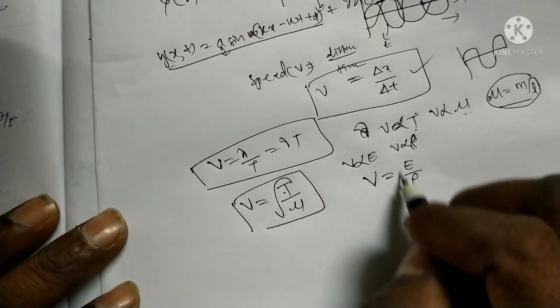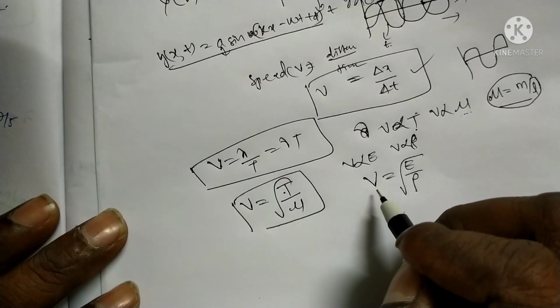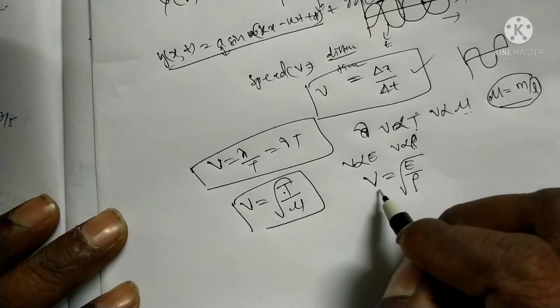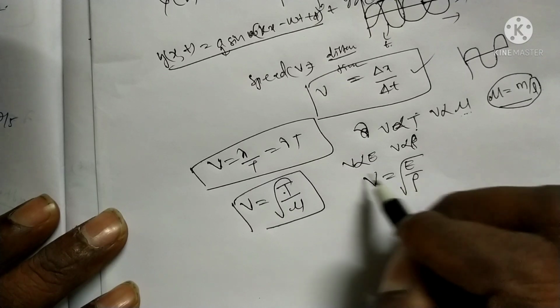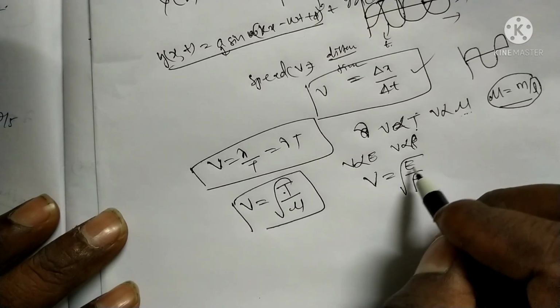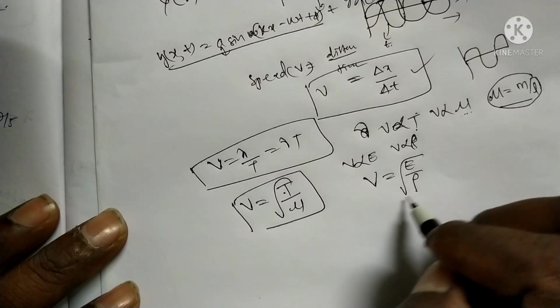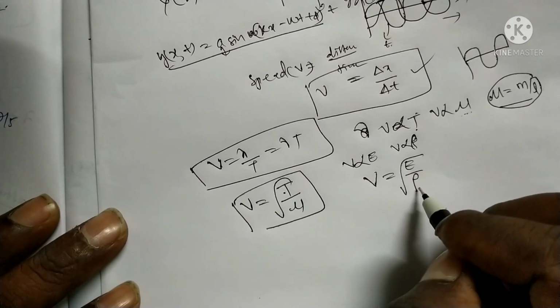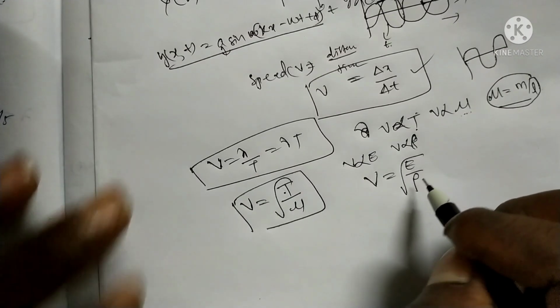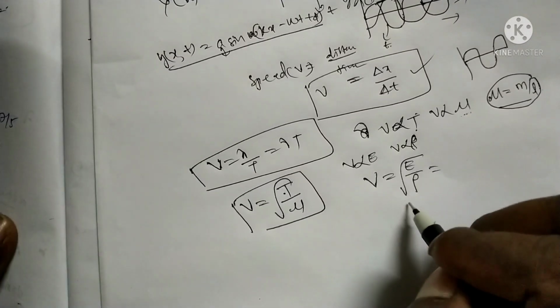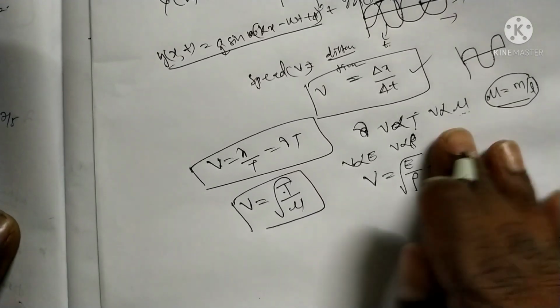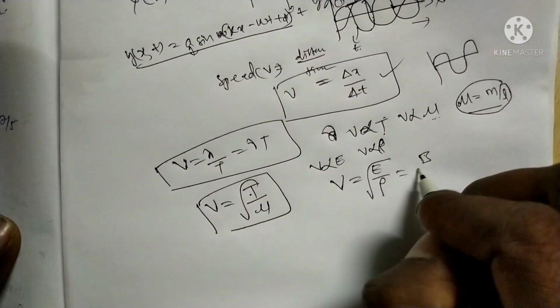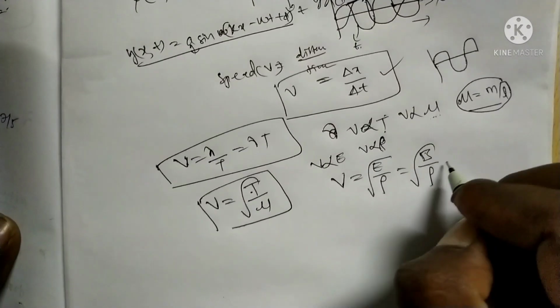The speed of the longitudinal wave is proportional to the elastic modulus by density. For bulk modulus, it is B by rho.